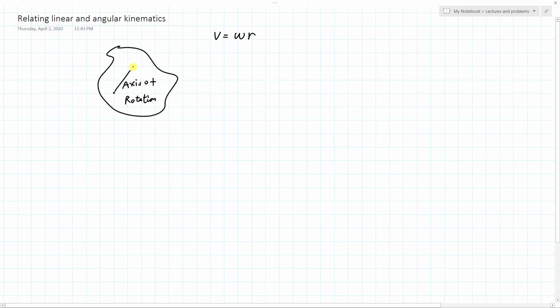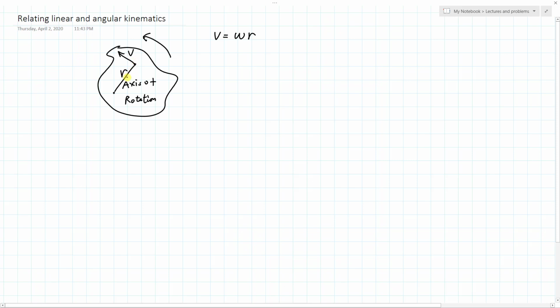So wherever you point, say this point here, if this shape is rotating this way, counterclockwise, there will be a velocity here, and this velocity is related to the angular velocity and also the radius.